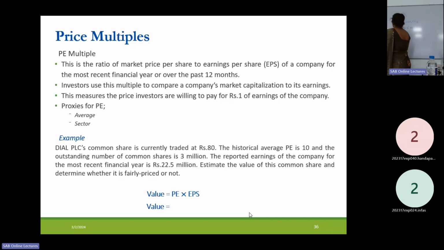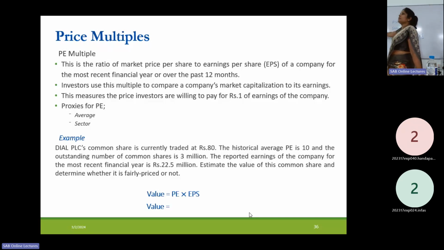So then you can calculate the company's earnings per share for the very recent year based on the annual report data. Earnings per share is equal to 22.5 million earnings divided by 3 million shares. So the company's recent earnings per share is 7.5.